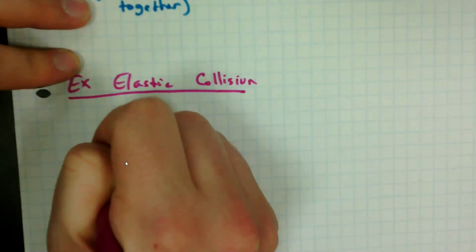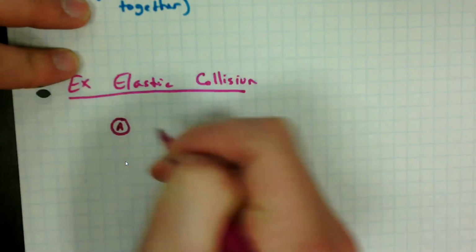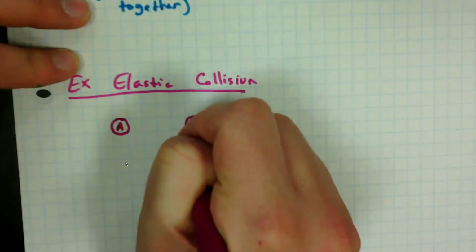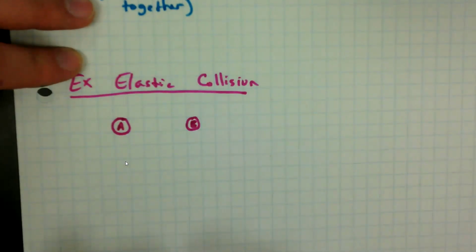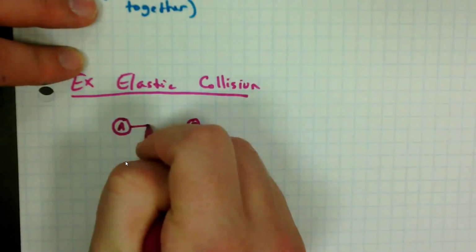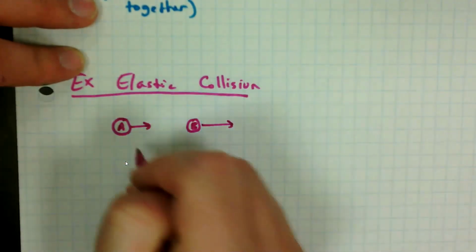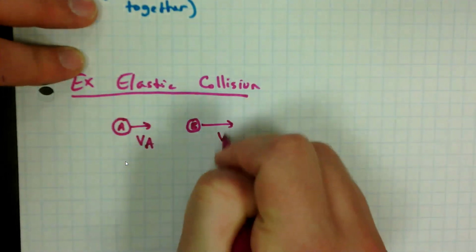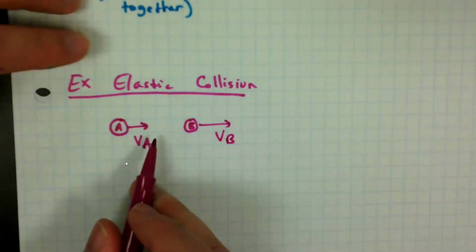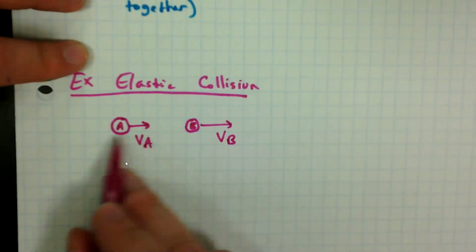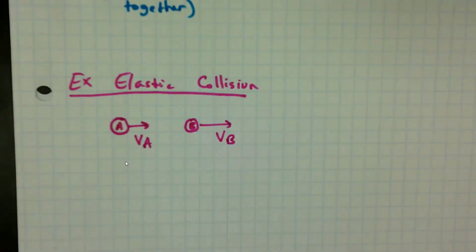And we're just going to do this. So imagine two objects, A and B, that have two different speeds, VA and VB. I'm going to assume this one's going faster. Actually, this is bothering me the way I drew it, so let me try again.